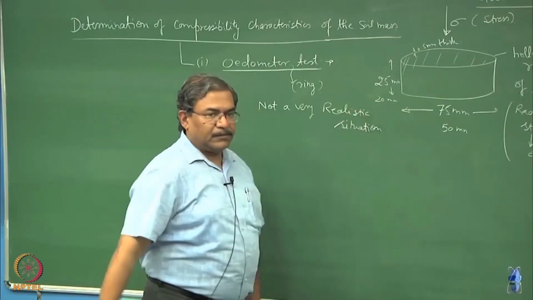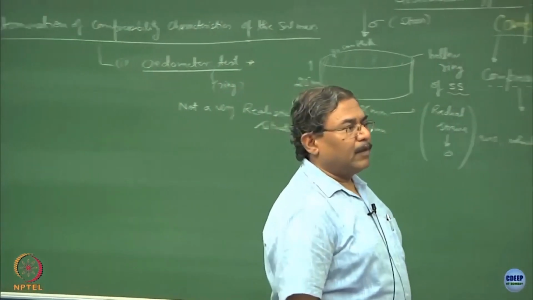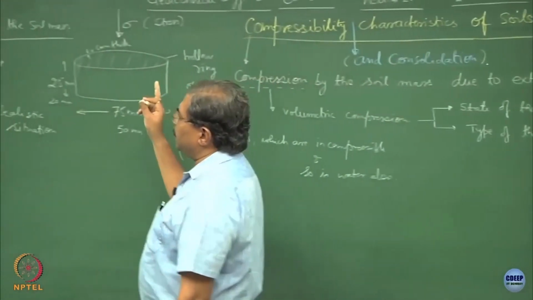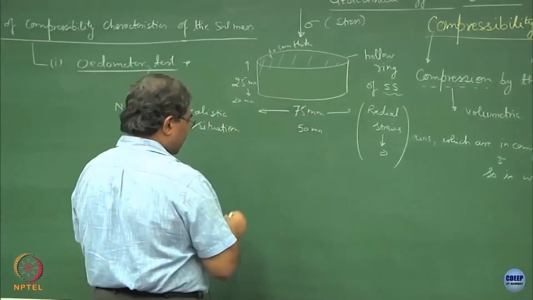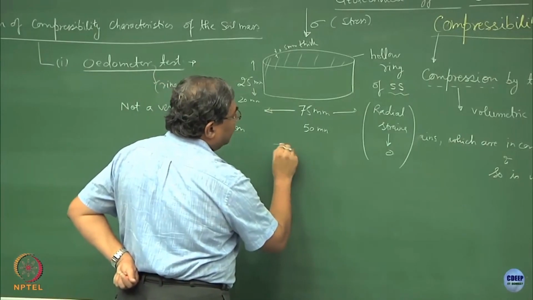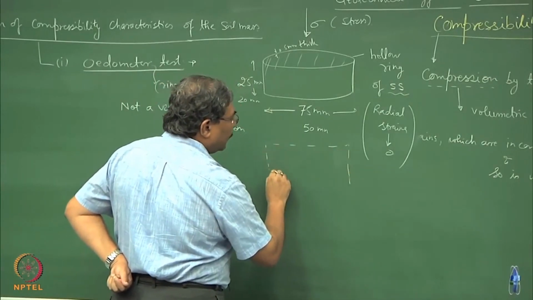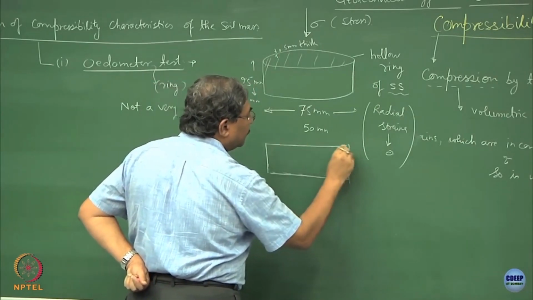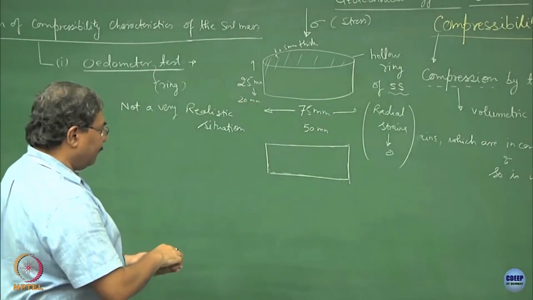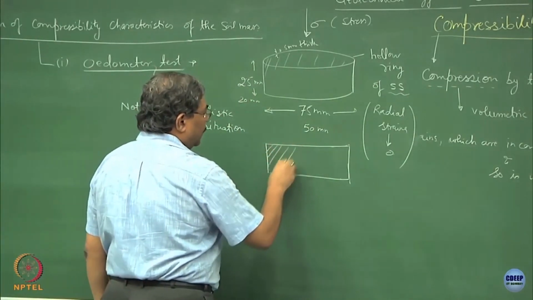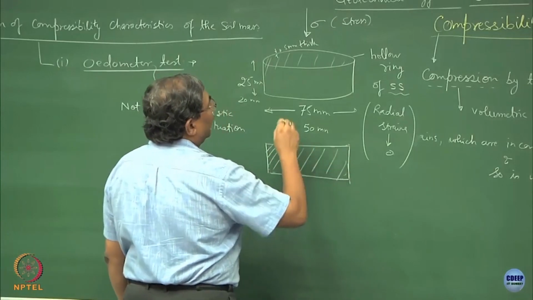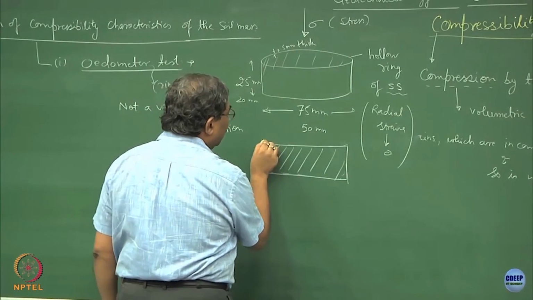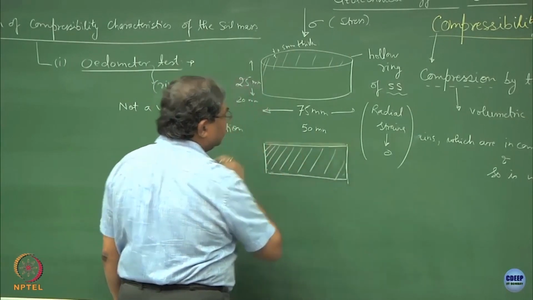Because most of the situations which prevail in nature or in practice are 3 dimensional. I hope you can realize that this is a 1 dimensional loading and 1 dimensional deformation of the sample. So, that means if I keep my sample like this, so if this is the sample to begin with, the moment I have loaded it, and normally rather than having a point load, what we do is we distribute this load on the surface.